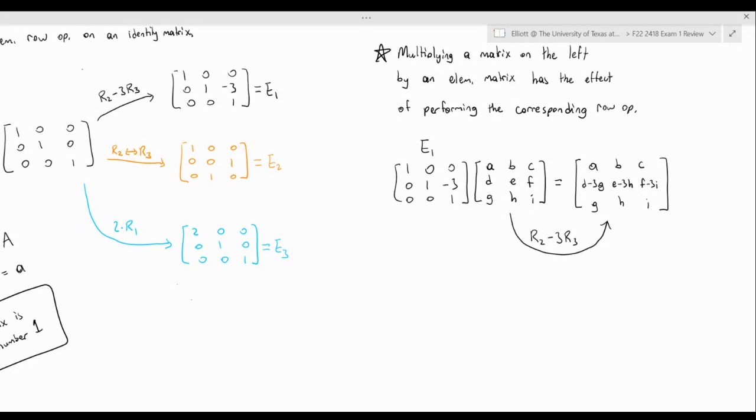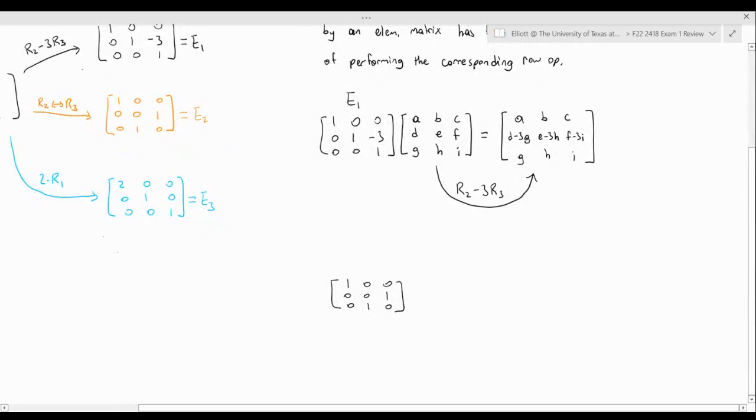So for example, if you did E2, and I'm not going to work this out, just real quick though. E2, if you multiplied that with this matrix A, what you would find is that the product is simply A, but with rows 2 and 3 swapped.